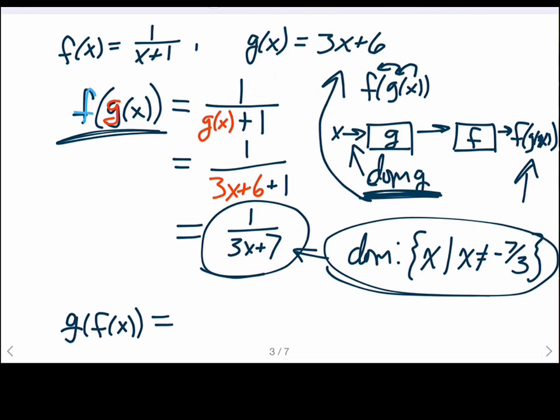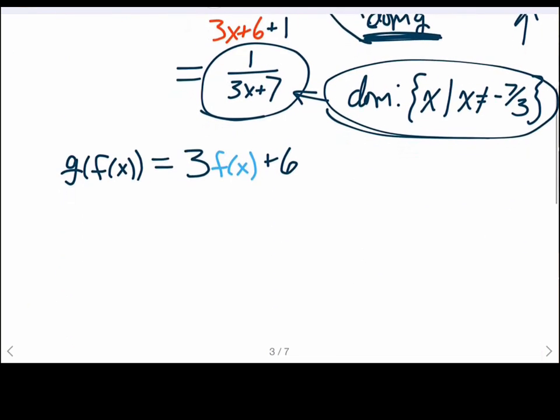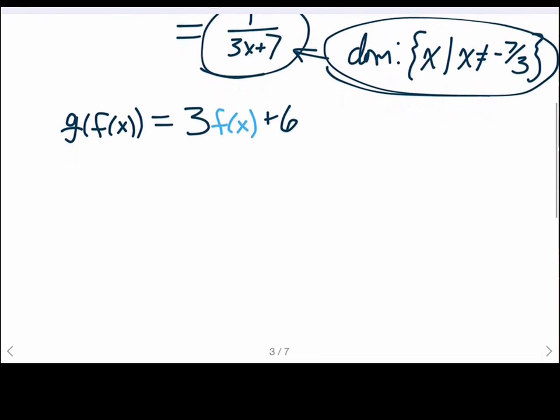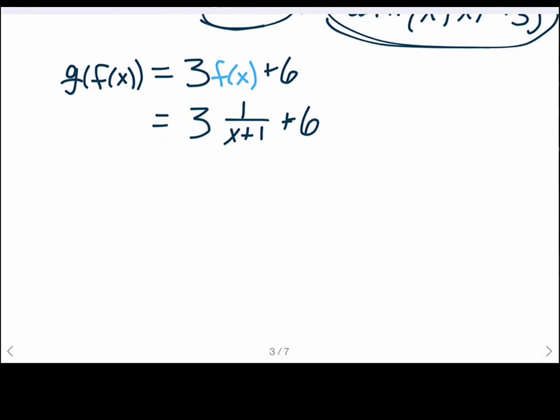And so what that means is we're going to take the rule for f and put it into g. g says to take 3 times the input plus 6. And so 3 times f of x plus 6. So for us, what that means is 3 times 1 over x plus 1, plus 6.